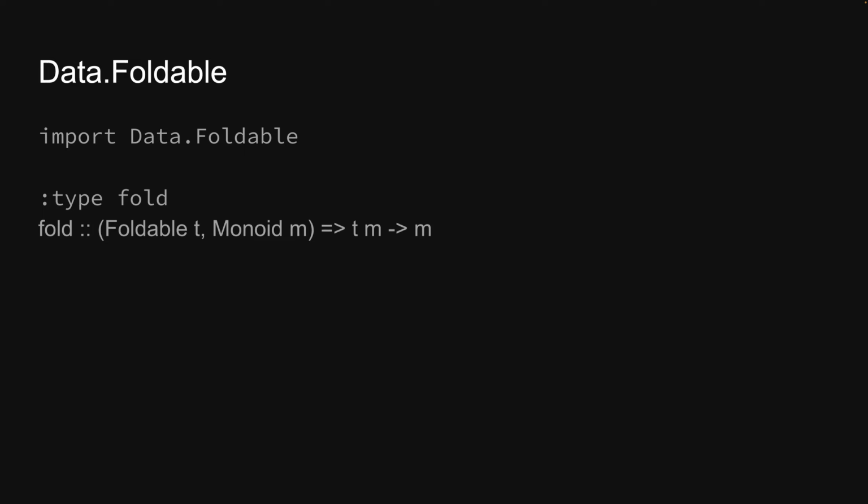Then you could fold them, and you would get a result of that monoid type. So if you folded the list of the strings "Haskell" and "coffee", you would get "Haskell coffee".